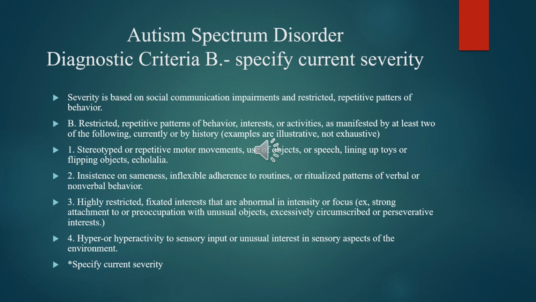Examples are illustrative, not exhaustive. 1, stereotyped or repetitive motor movements, use of objects or speech, lining up toys or flipping objects. Echolalia, which means that after you state a sentence or a phrase, the child then states the same phrase in the same tone of voice.